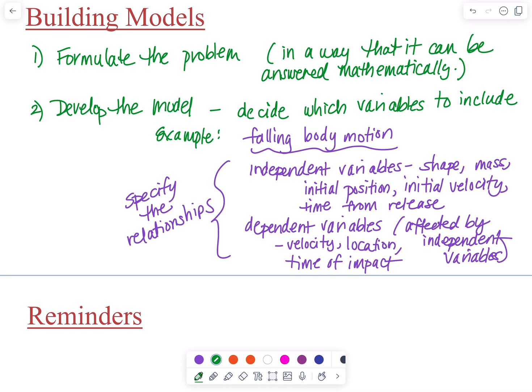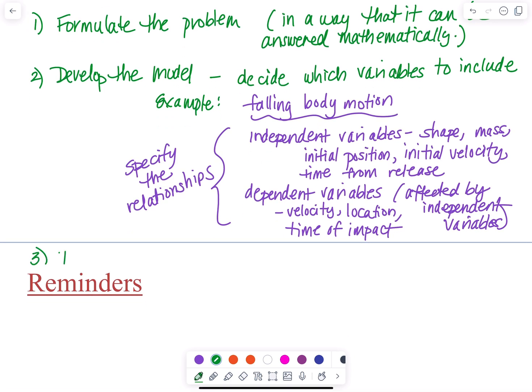Okay, then we will need to test the model.